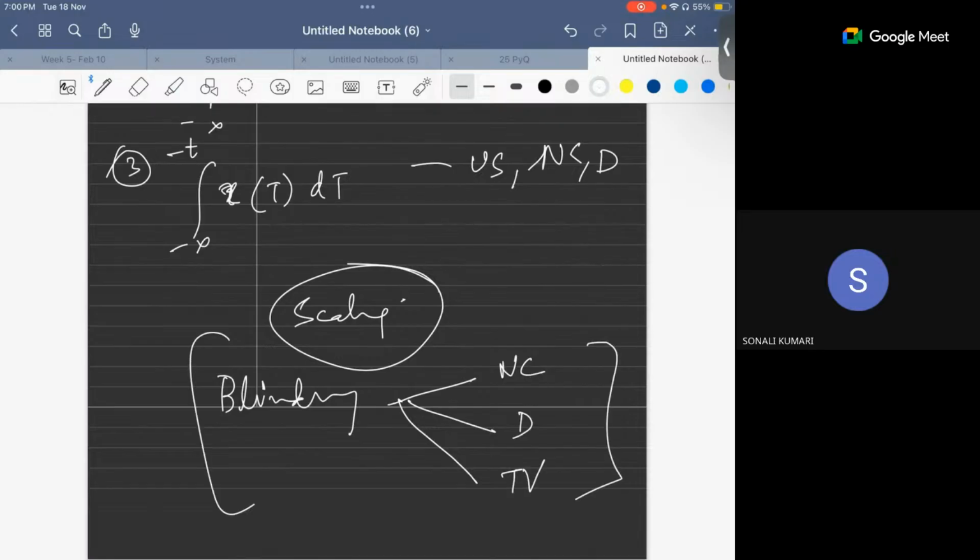If the options contain non-causal, dynamic, and time variant, you can just mark it blindly. You don't even have to check anything else. Is this clear? Yes, sir.